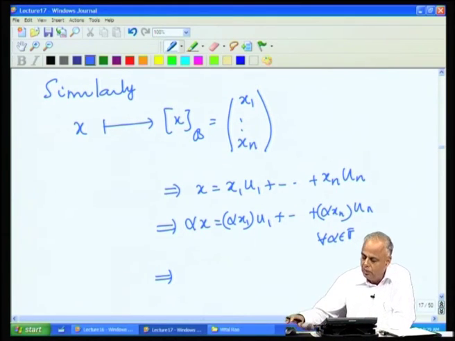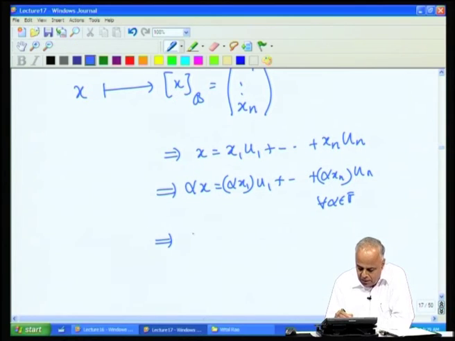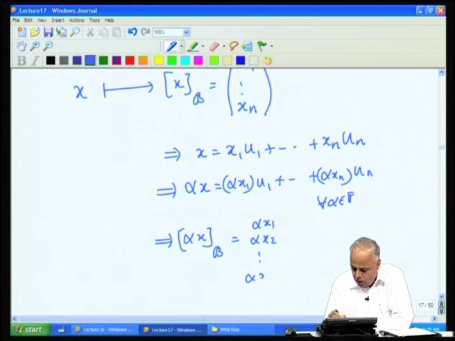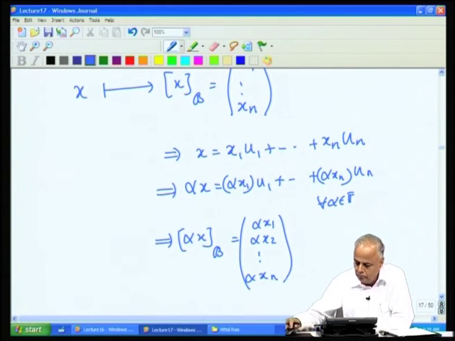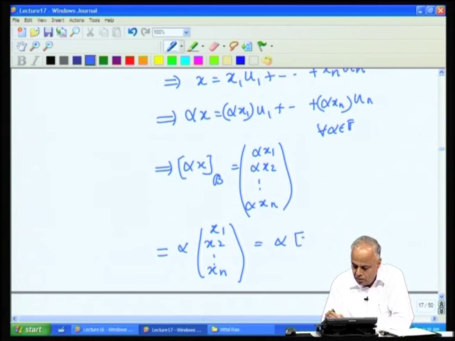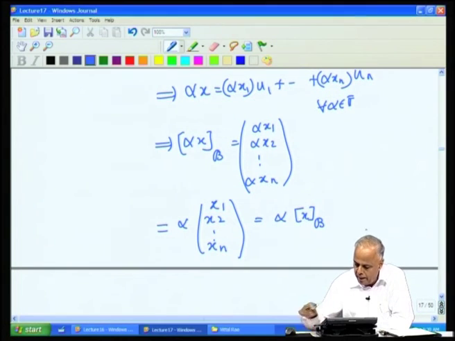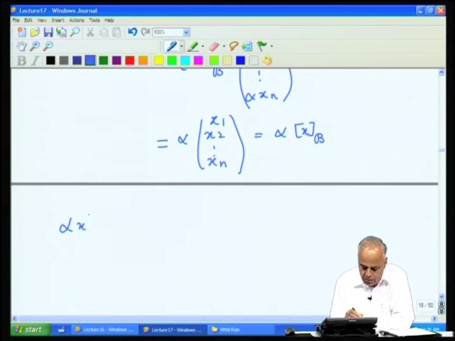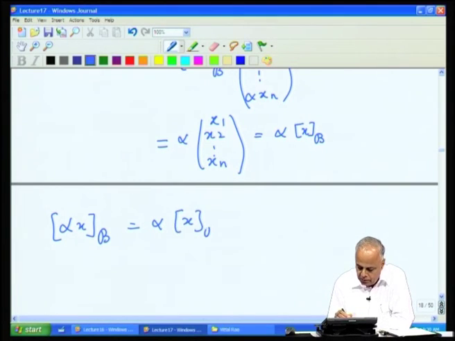Now, the coefficients are the ones used to get the representation, and hence (alpha x)b will be alpha x1, alpha x2, ..., alpha xn. That is indeed equal to alpha times (x1, x2, ..., xn), which is equal to alpha xb. So, the representation of alpha x is alpha times the representation of x.